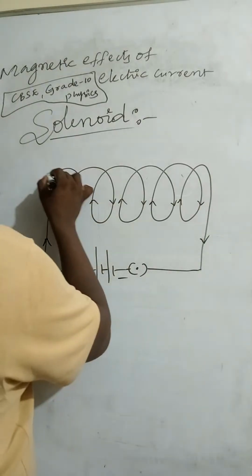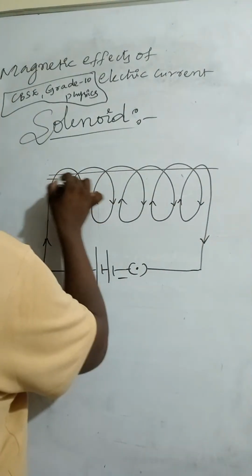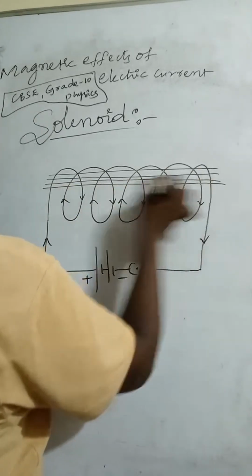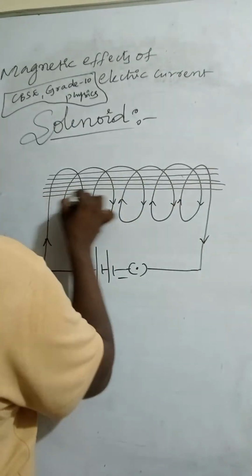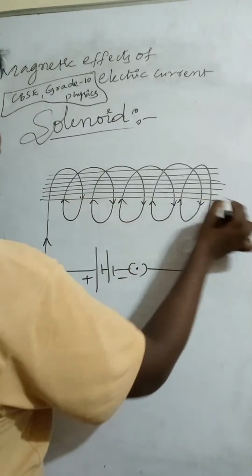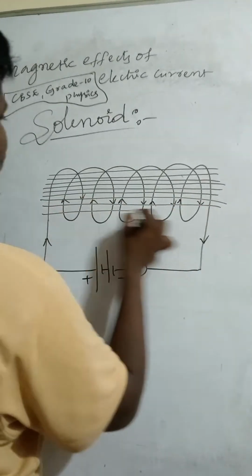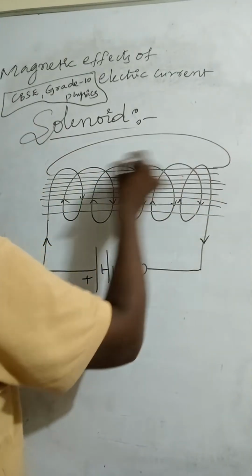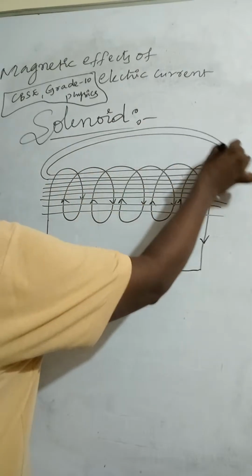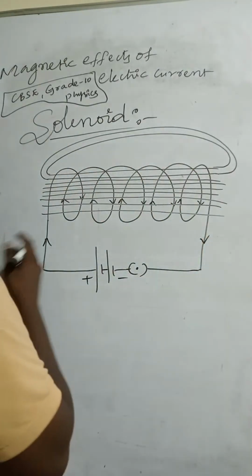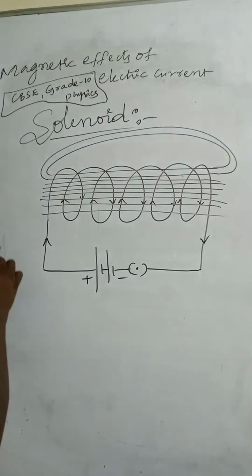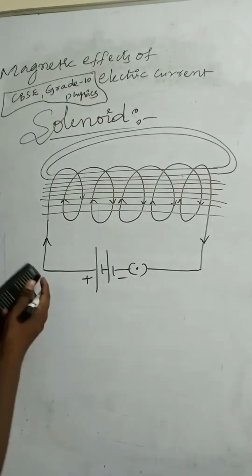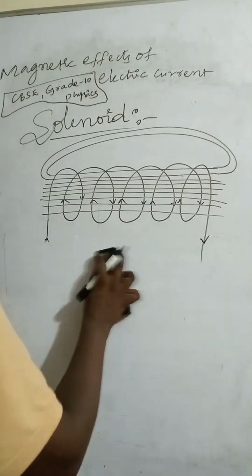Magnetic field will be produced; I am taking 1, 2, 3, 4, 5, 6, 7, 8, 9 lines. Either you can draw the circuit diagram inside or outside, that is your choice.